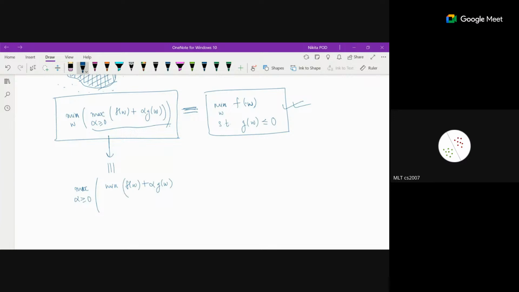So where my original problem was this, we saw that it can also be formulated as this, and using convex duality, where f and g are both convex, we can write min max as max min. So instead of solving this problem, now I will solve this problem.